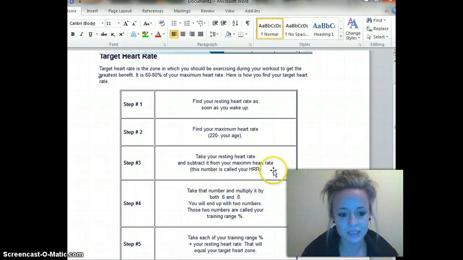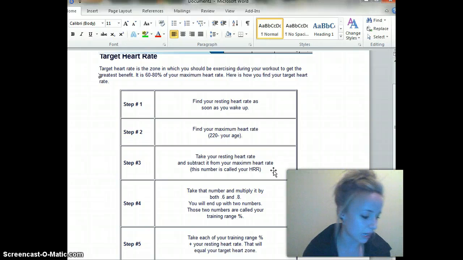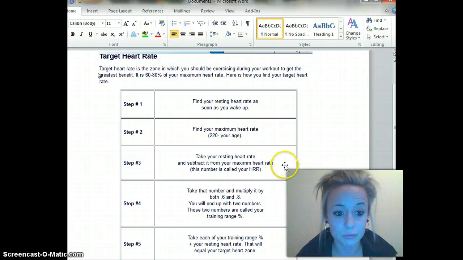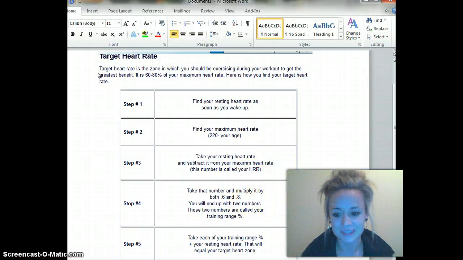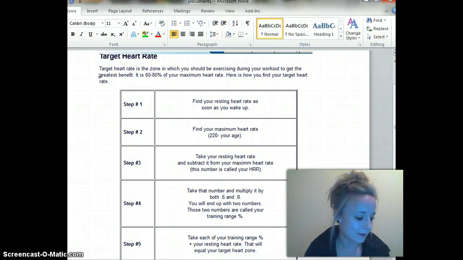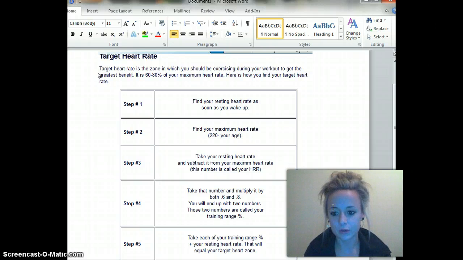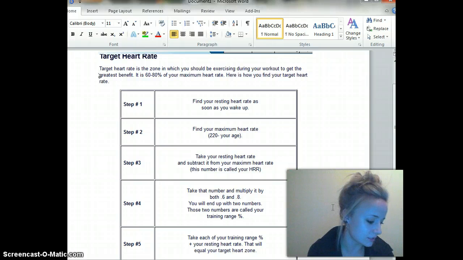Now you're going to take that number, your heart rate reserve, in our case 147, and multiply it by 0.6. You're also going to multiply it by 0.8. We get those two numbers: 147 times 0.6 is 88, so our low end is 88, and then our high end is 117.